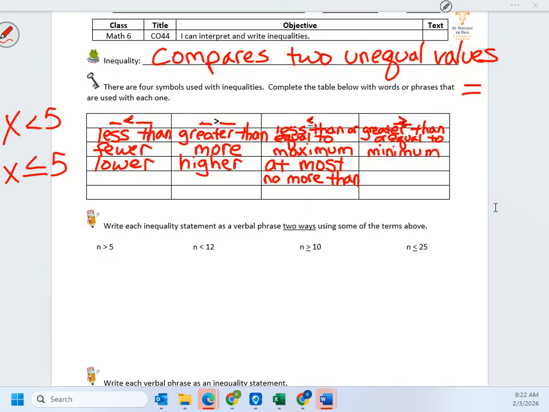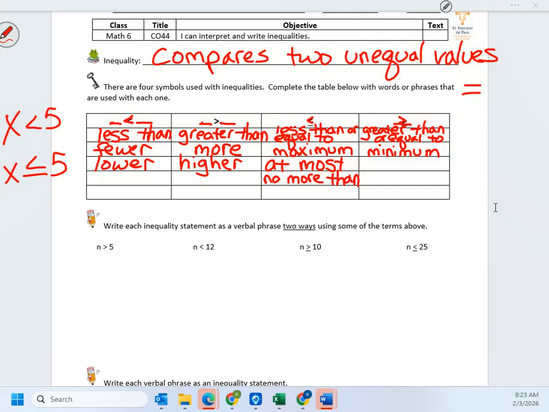In order to pass the test, you need to get 20 of the 30 problems correct for a passing score. So you need to get a minimum of 20 correct. You can get 20 correct, you could get 30 correct, you could get them all correct.